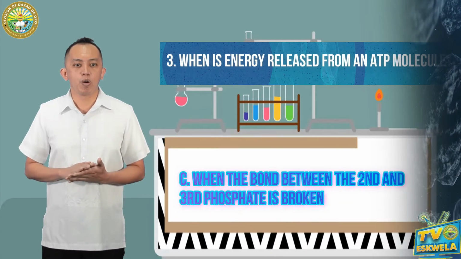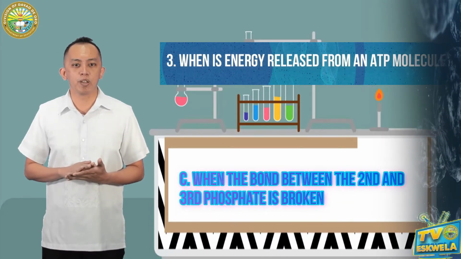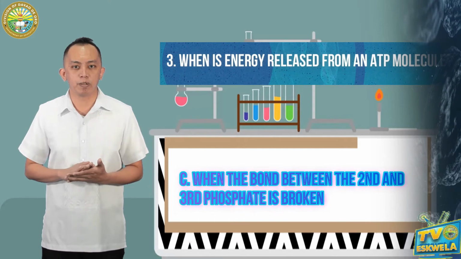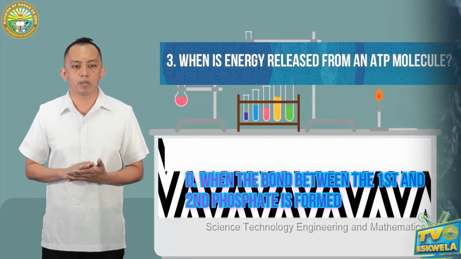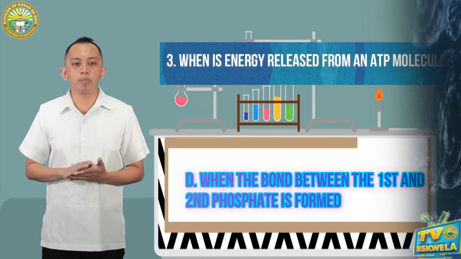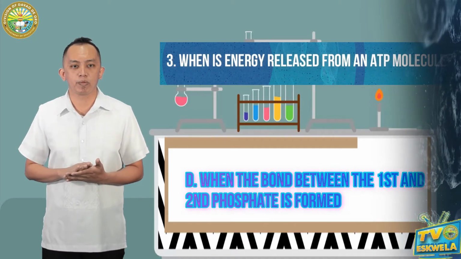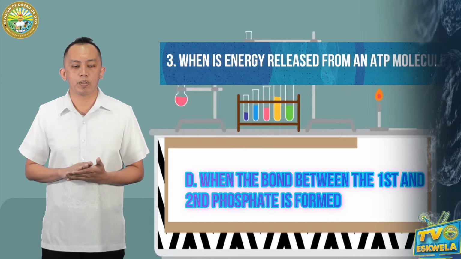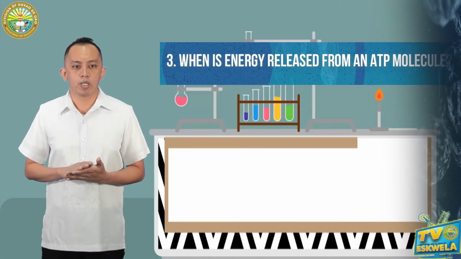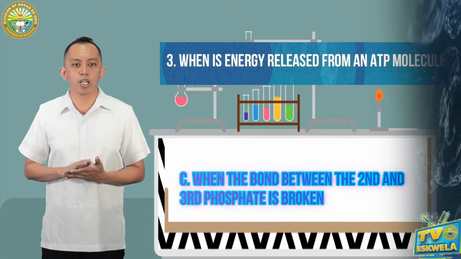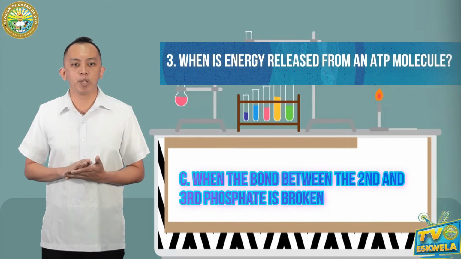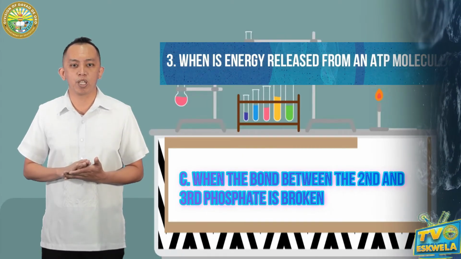Letter C, when the bond between the second and the third phosphate is broken. Letter D, when the bond between the first and the second phosphate is formed. Time's up. The correct answer is letter C, when the bond between the second and the third phosphate is broken.